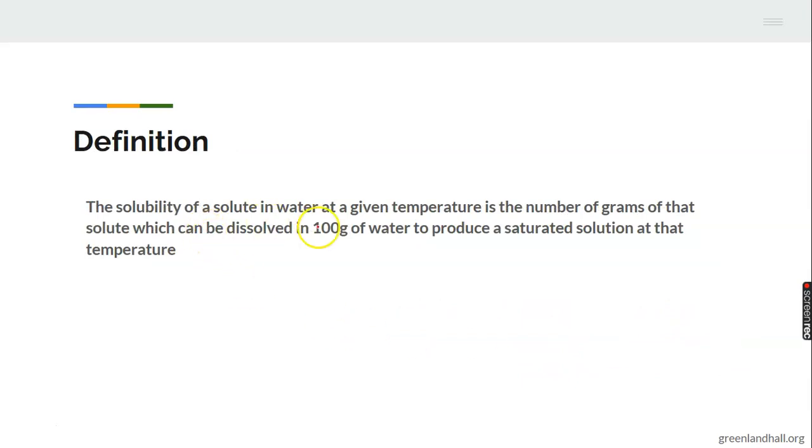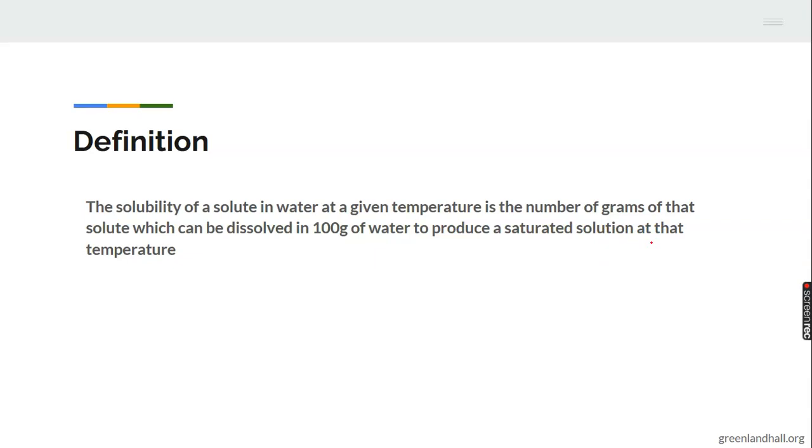Definition of solubility. Solubility of a solute in water at a given temperature is the number of grams of that solute which can be dissolved in 100 grams of water to produce a saturated solution at that temperature.